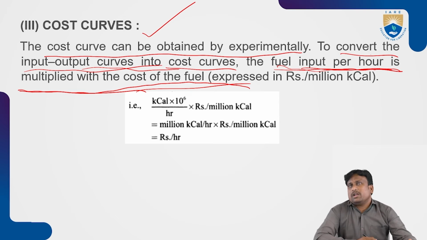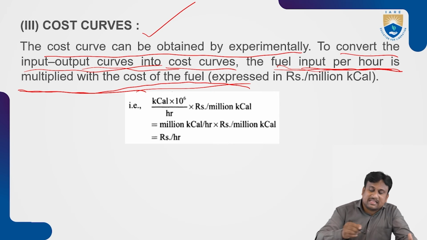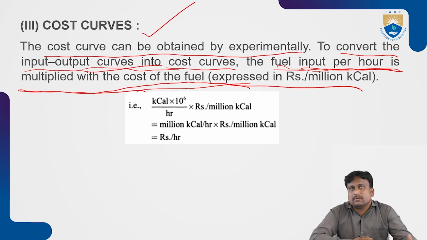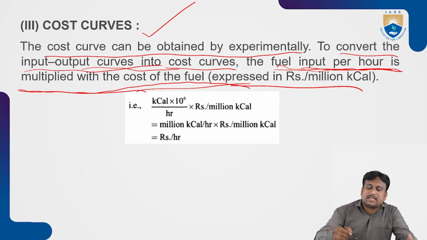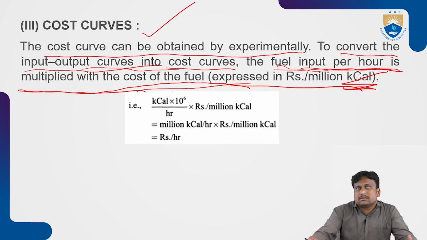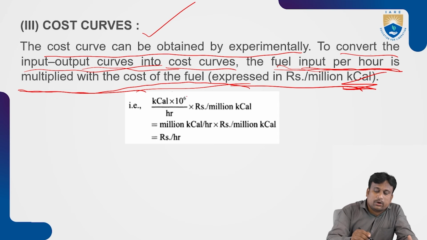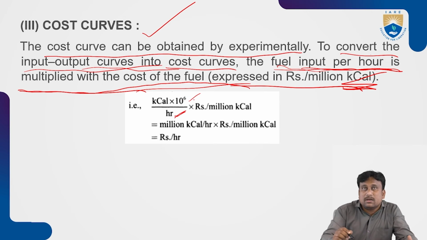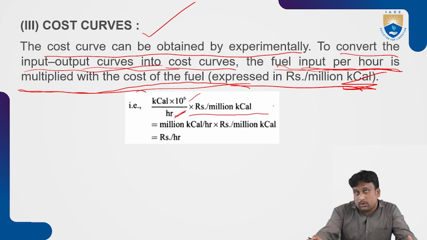For example, once the fuel input per hour is calculated, it is multiplied with the cost of the fuel in rupees. Straight away we may say rupees per million kilocalories. That is, kilocalories into 10 power 6 per hour is multiplied by rupees per million kilocalories.